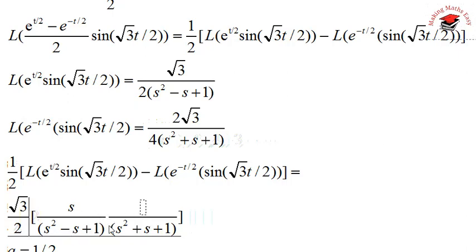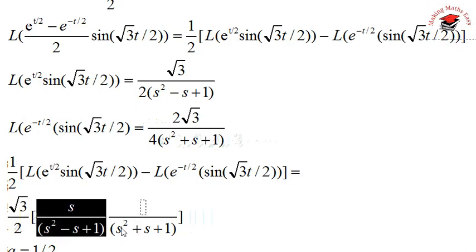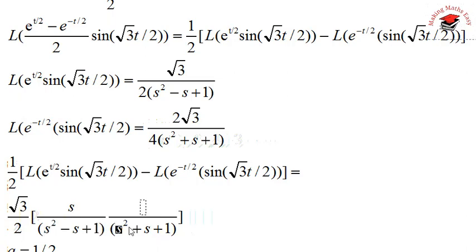Okay, so now we will perform the multiplication of this denominator. So s square minus s plus 1 multiplied by s square plus s plus 1. So this is in the form of a square minus b square. We will rearrange the terms.